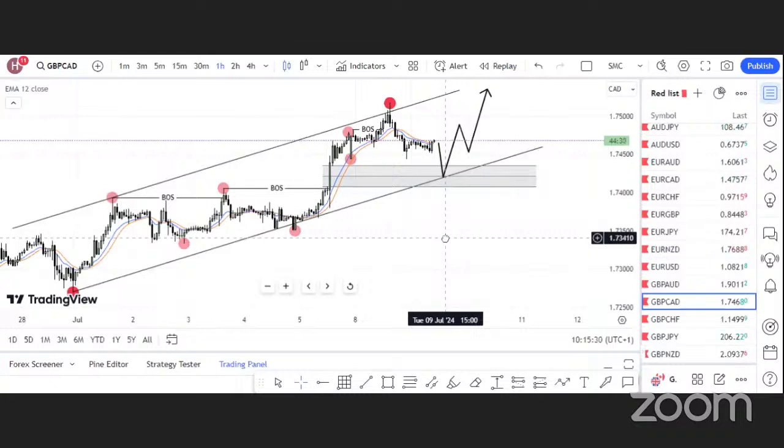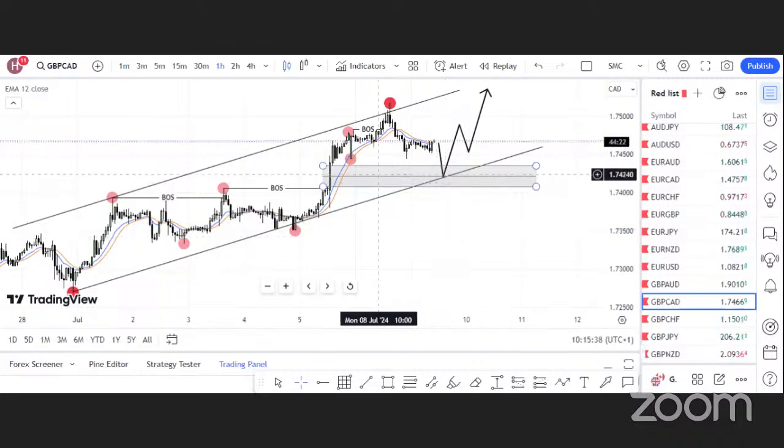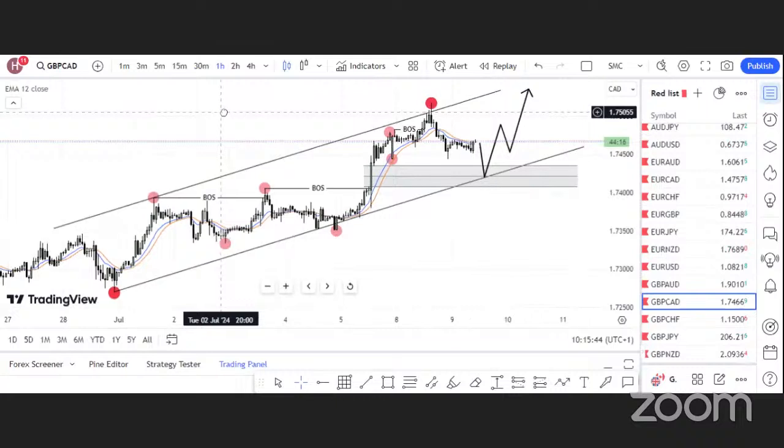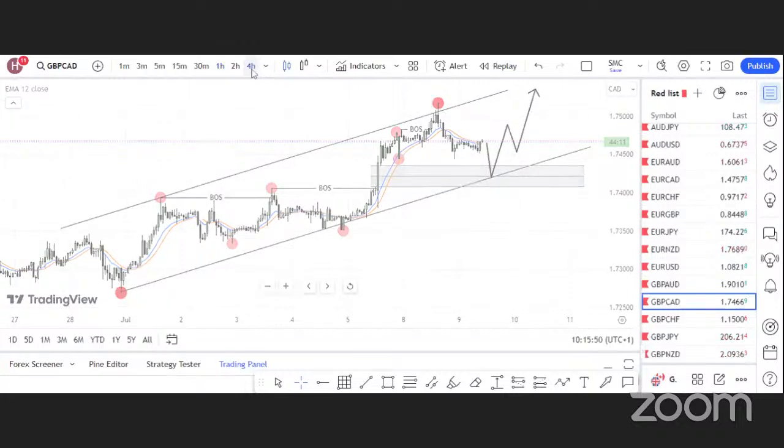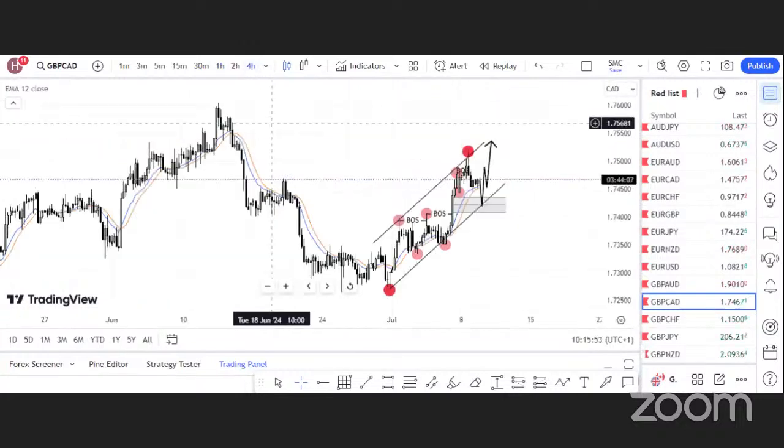All right. So this is my top-down analysis for GBPCAD. So you saw how I was able to make my analysis.